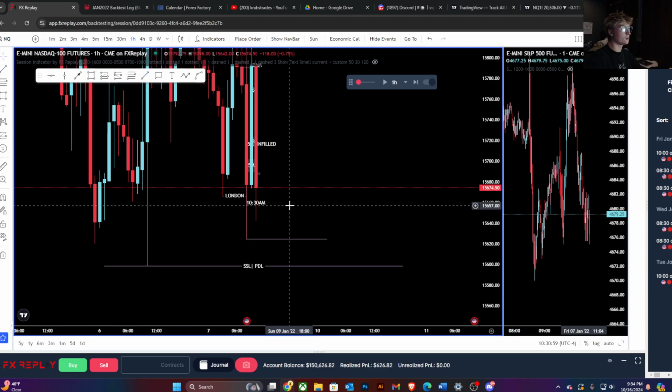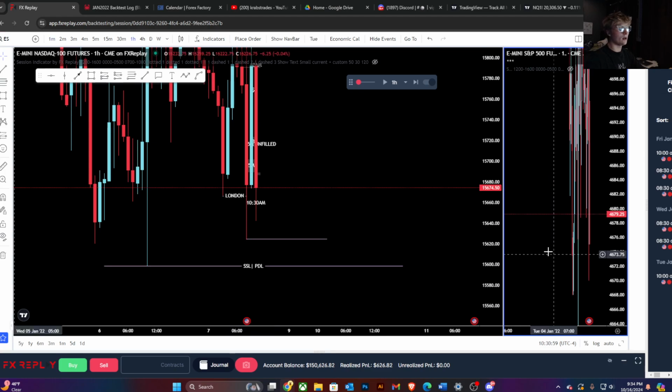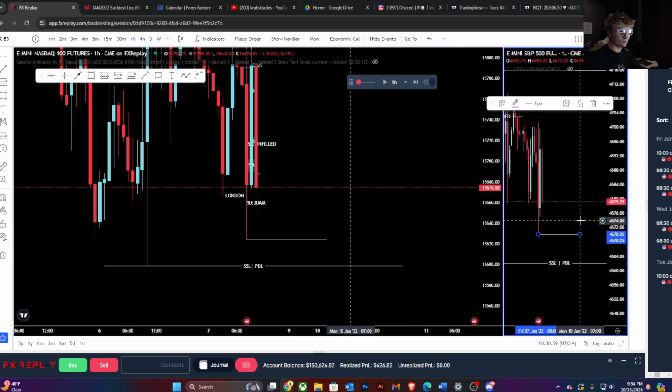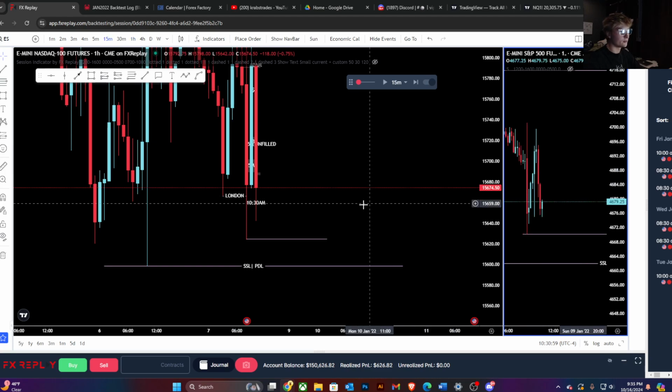Does look like we could want to take out this hourly low here, so I'm not sure if I want to be longing right now. See the 15-minute though.